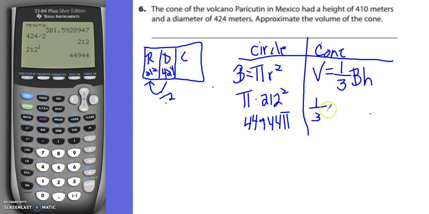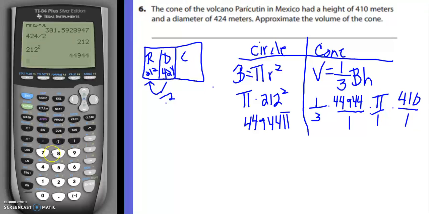So we have 1/3 times 44,944 times pi times the height, 410. Okay, so we're going to type this in. 1/3 times 44,944 times 410.